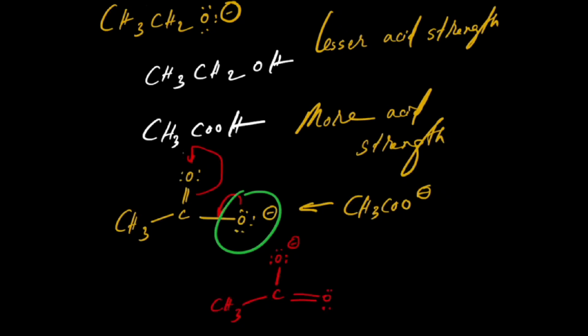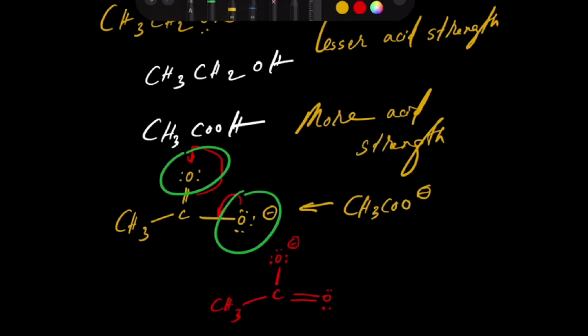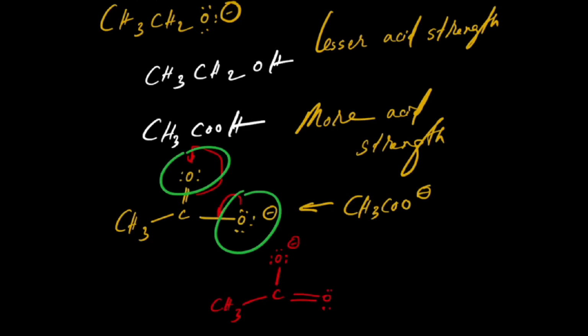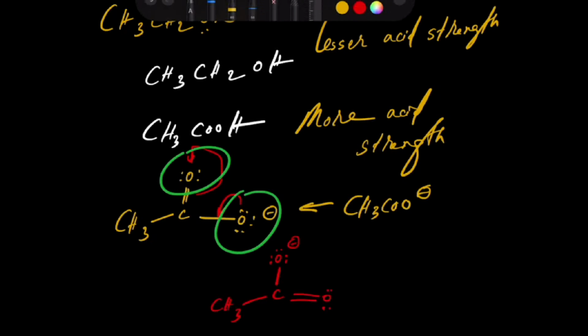See here, when I'm denoting by green color, the negative charge was with the oxygen on the bottom, but in case of blue color, the negative charge was with the oxygen on the top. That means the negative charge is being shared by these two oxygens. That means negative charge is delocalized here.